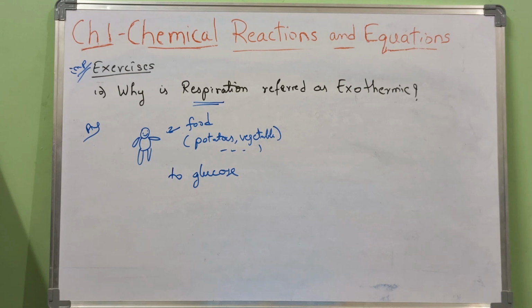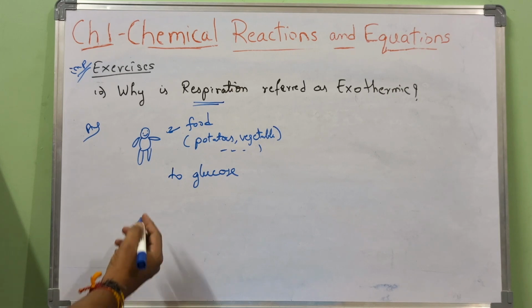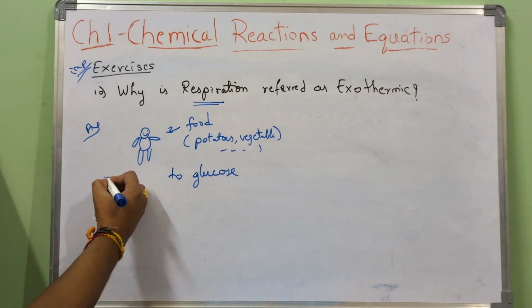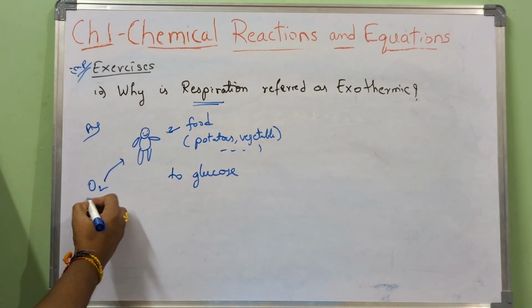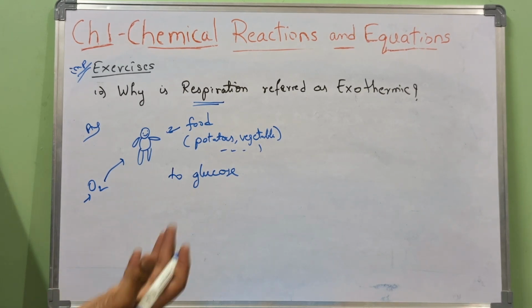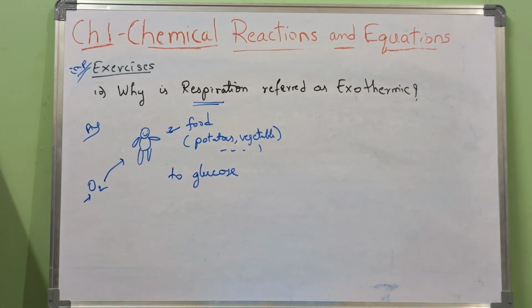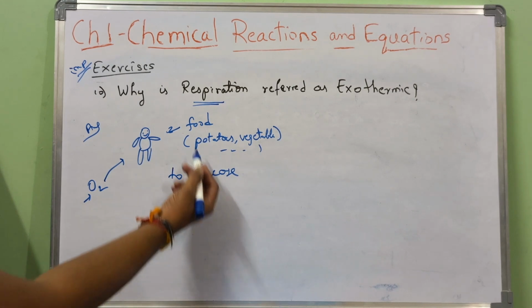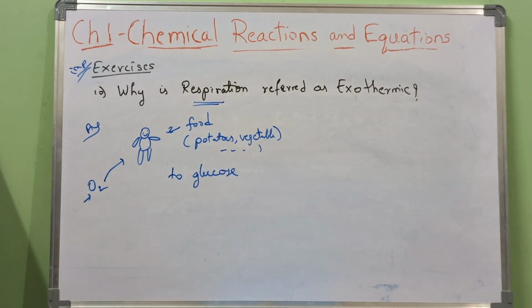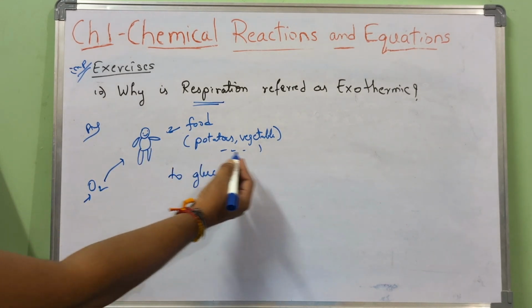So what is respiration? As a part of respiration we take in oxygen and we emit carbon dioxide outside. How is carbon dioxide getting formed? Whatever food we take, the digestive system converts the carbohydrates.